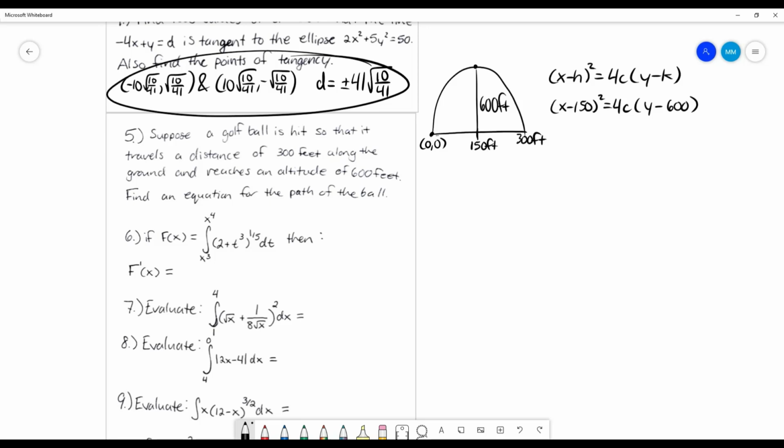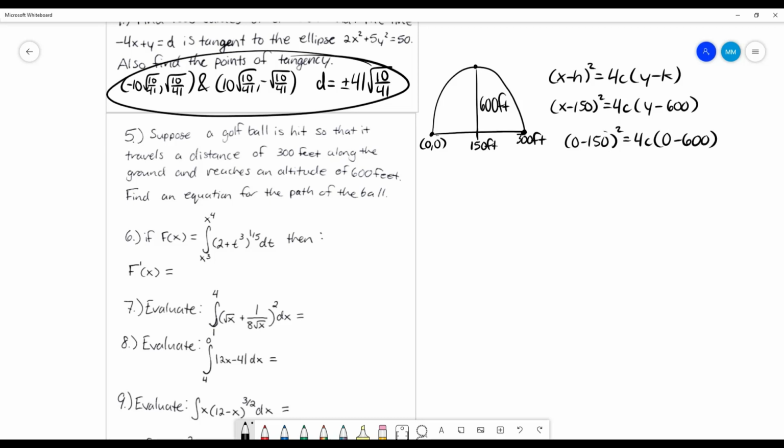In this case, since we know both our vertex and a couple of other points, that end point and that start point, we can use those to help us solve for that c value. Because I know when I plug in 0 for my x value, my y value should also be 0. So I'm going to say that's 0 minus 150 squared equals 4c times 0 minus 600.